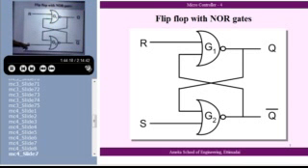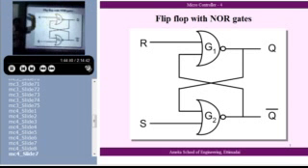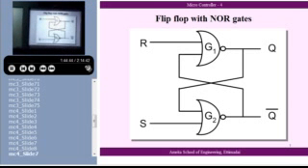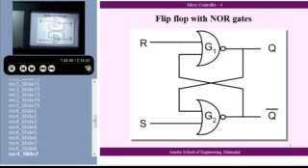Since this was 1 and this was 0, that output was 1. Since that was 1, this quantity is a 1. At that time, even if I make it 0, this output will not change. That will retain the old 0 value. Old 1 value will be retained here. Am I clear? Is it alright?